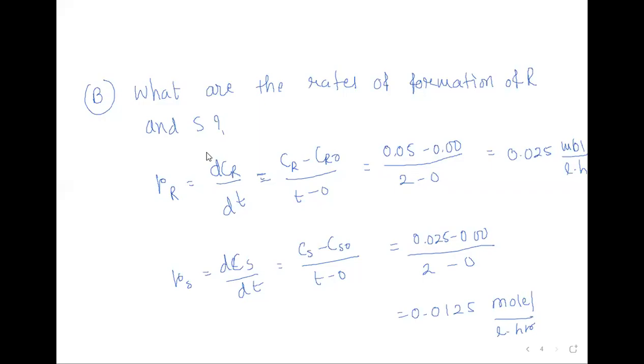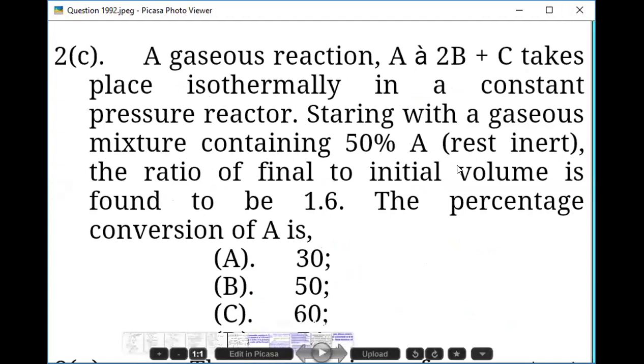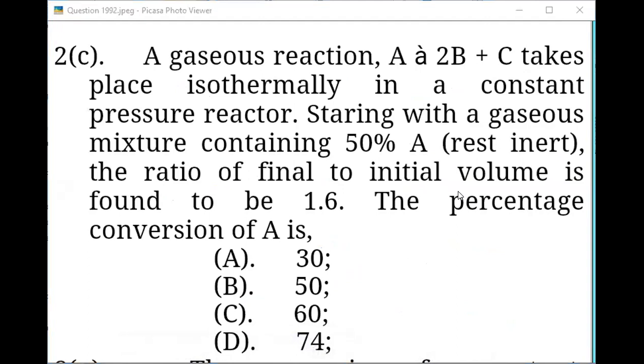Now we calculate this example. Now this is a very important question in terms of your exam, and it's a very difficult question also. So first see what things are given and what you have to find out.